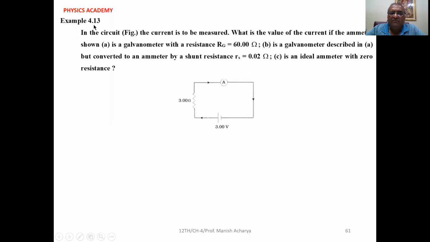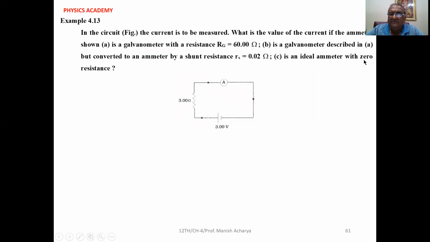Now example 4.13. In the circuit, the current is to be measured. What is the value of the current if the ammeter shown? A is a galvanometer with resistance Rg equal to 60 ohm. B is a galvanometer described in A but converted to an ammeter by the shunt resistance Rs equal to 0.02 ohm.